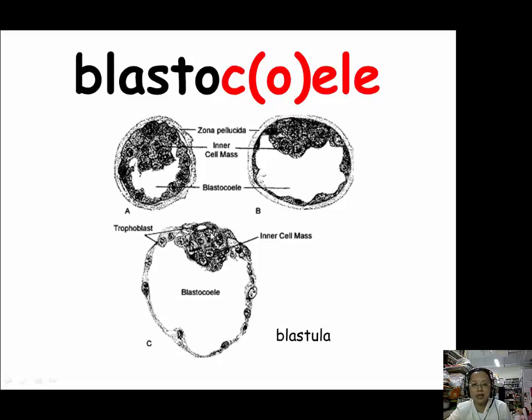Now this is the blastula, and blastocele is the fluid-filled cavity of the mass of cells produced by cleavage of a zygote. At this stage, it's called blastula.